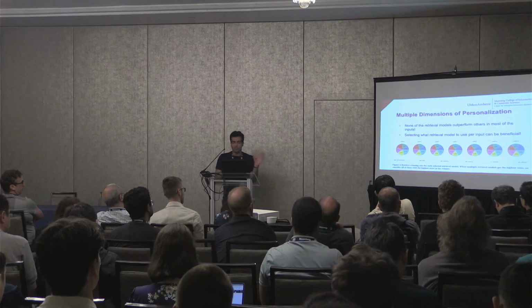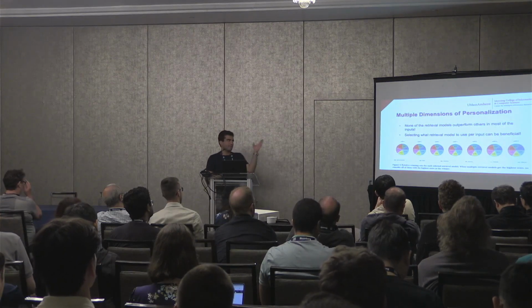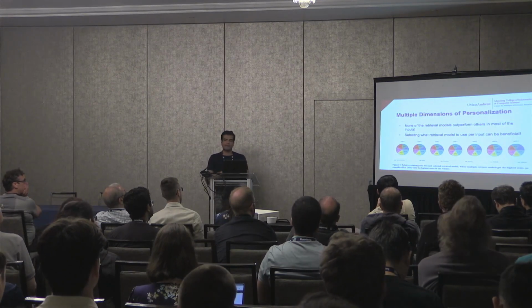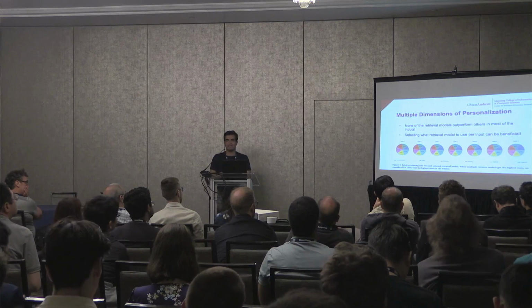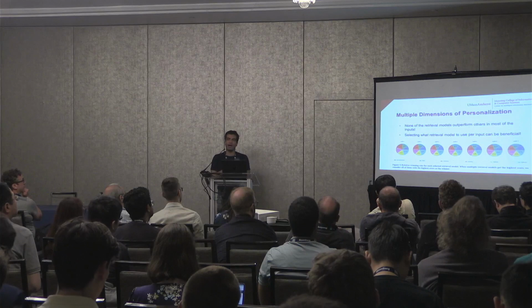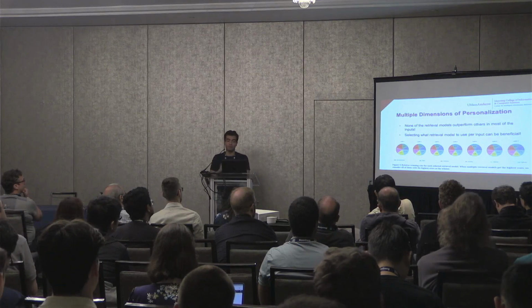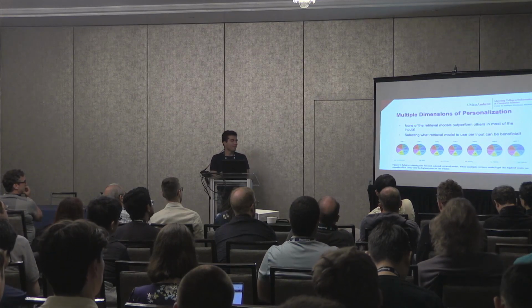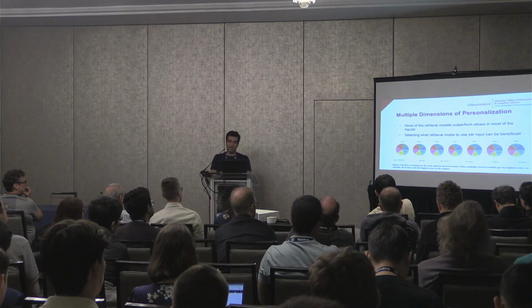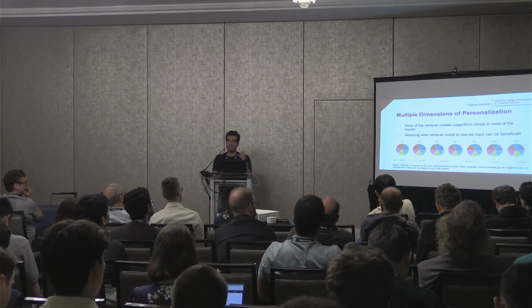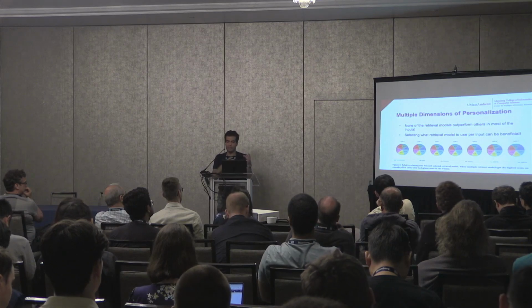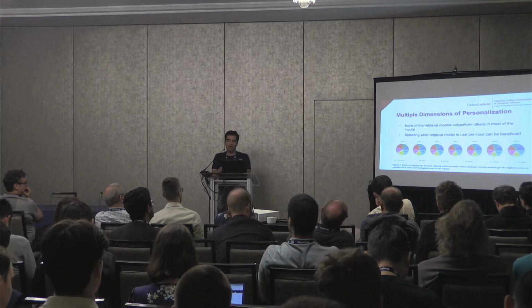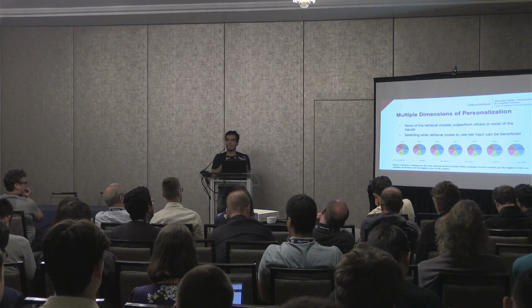Personalization has multiple dimensions. This figure shows the winning rate of each retrieval model on each of the tasks that we used in our paper. We will go to the tasks later. If you look at this, you can see that even for the retrieval models that were trained on these tasks, on average they get basically the same results.